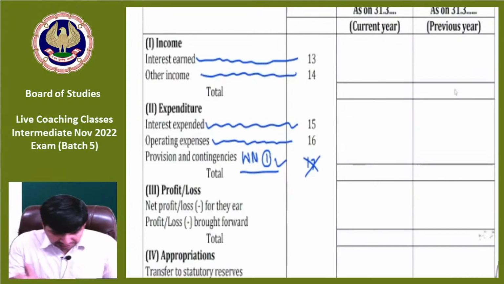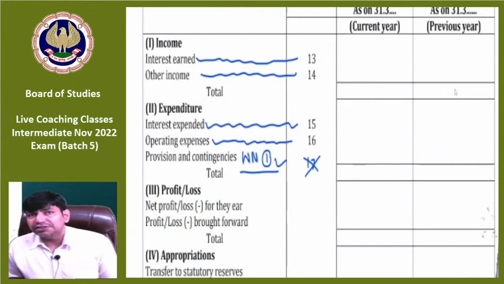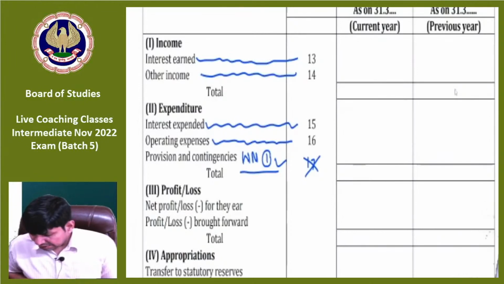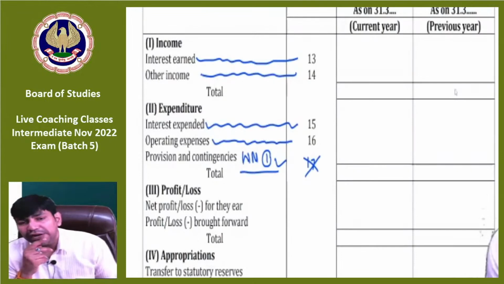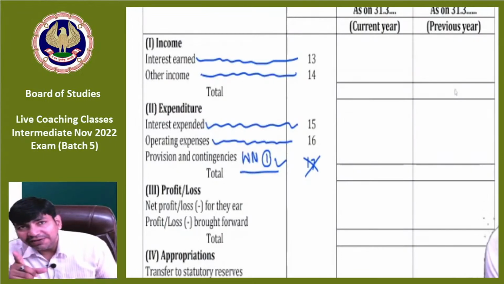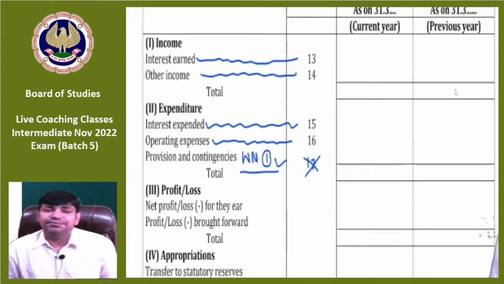Okay. Now asking for another point. Interest from advances given in a question: where will you write it in the exam? Interest from advances. Tell me first. Where will you write it? Of course, in 13.